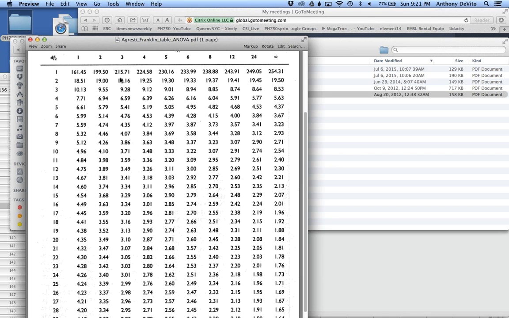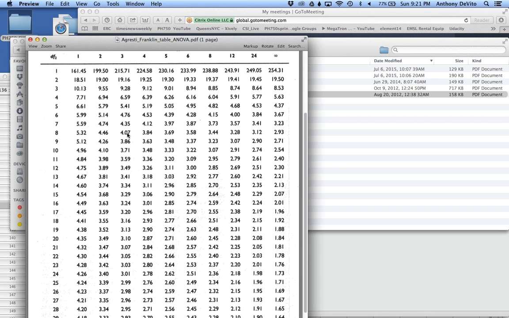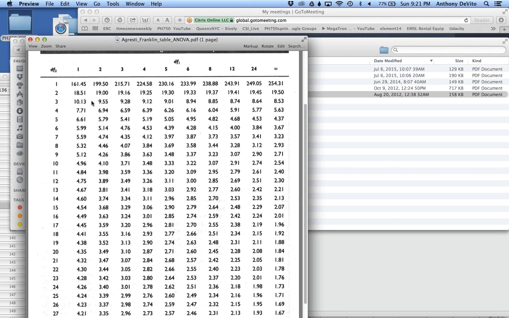It's enormous, right? So actually, if we had 3 groups, degrees of freedom, which is 2, and we had only 3 people between the groups, the critical value of F would be 19.